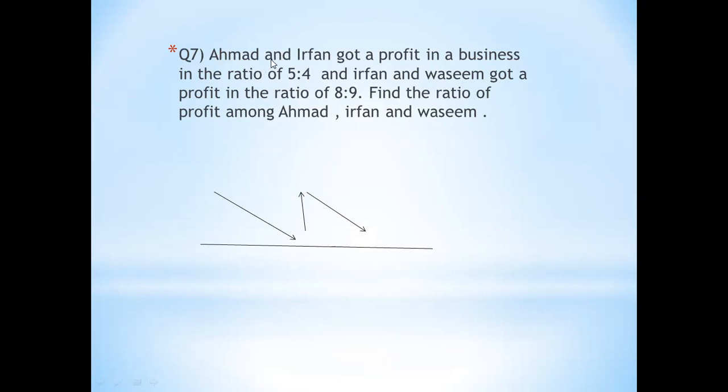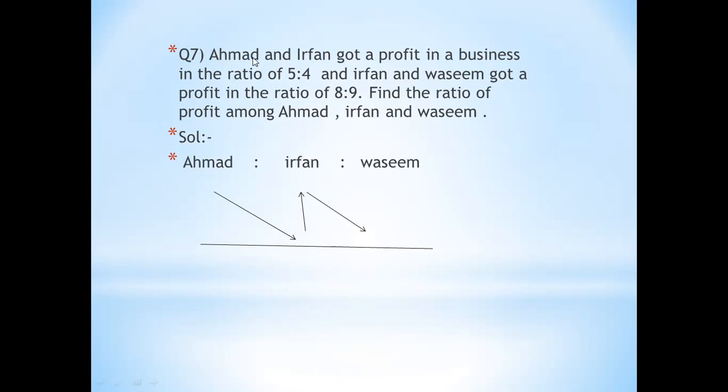If you look at "Ahmad and Irfan got a profit in business", how can we write it? Ahmad ratio Irfan, and then what you have given, Irfan and Wasim. Irfan, again Irfan. So Irfan is repeated, so the middle value will be for Irfan.